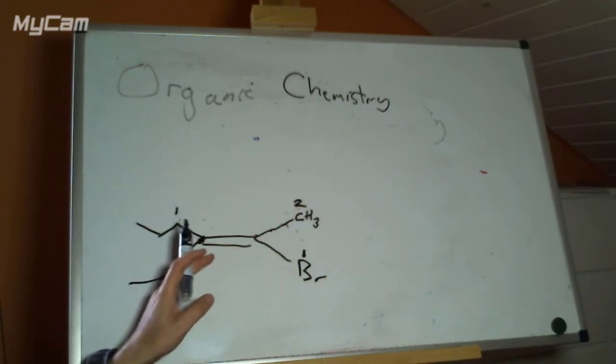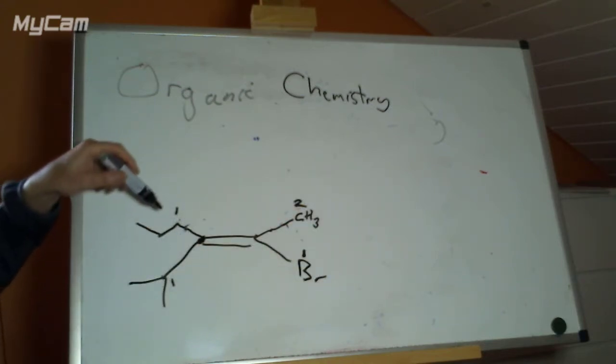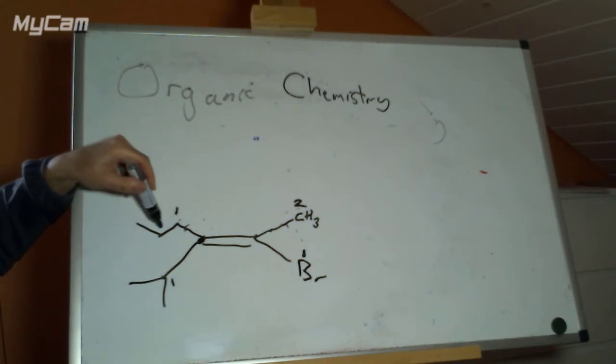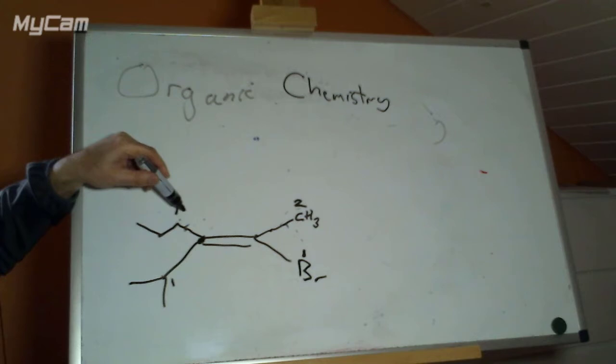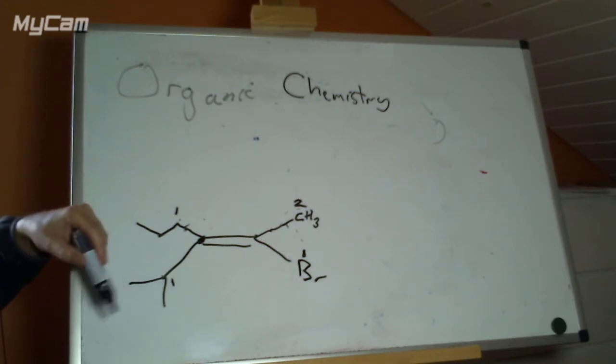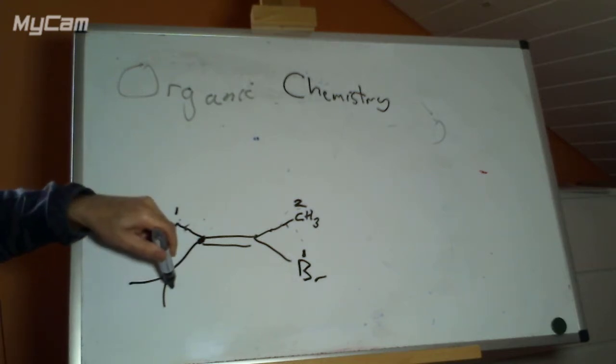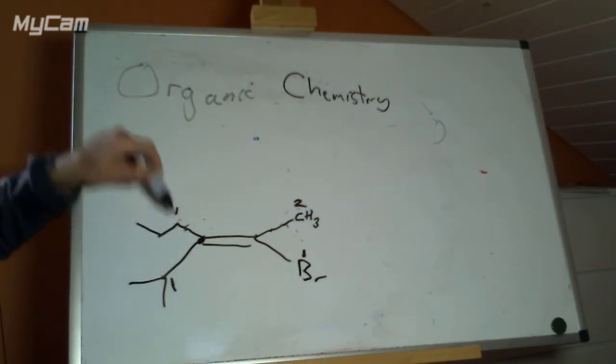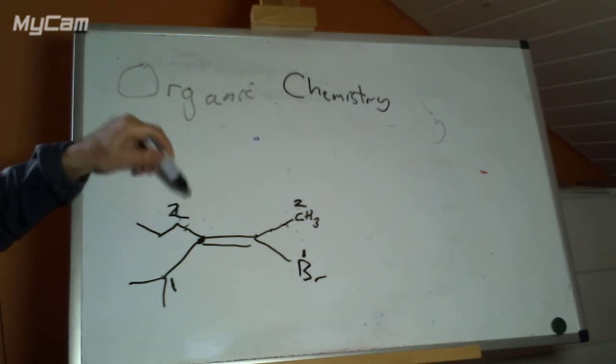So we've got the same number here, we've got 12, and so we need to go further. The next atom here is a carbon, and we've got two hydrogens. So on this carbon, we've got one carbon and two hydrogens. On this carbon, we've got one hydrogen and two carbons. So this one is going to be set as 1, and this one's going to be 2 on this side.